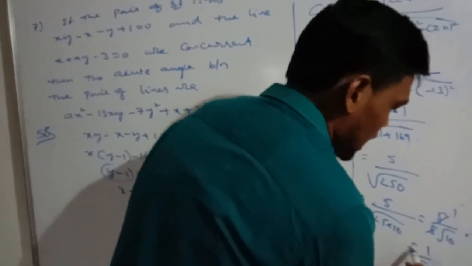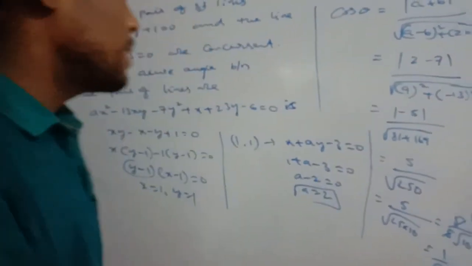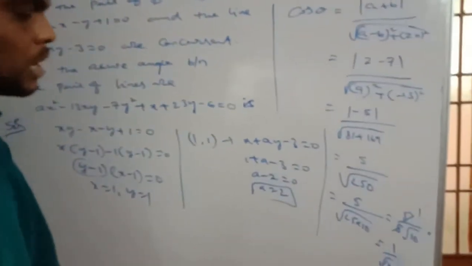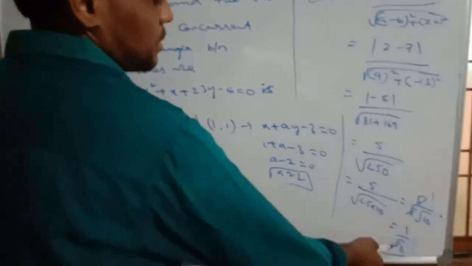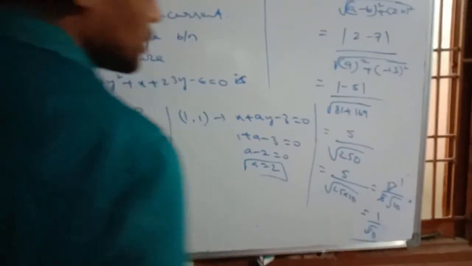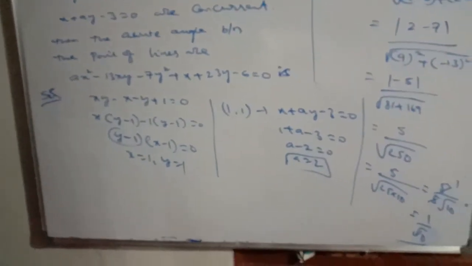So now the answer is 1 by root 10. These are options in our material. We observe the answer. Okay, 1 by root 10.